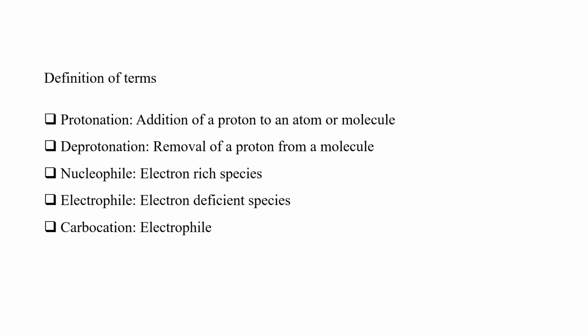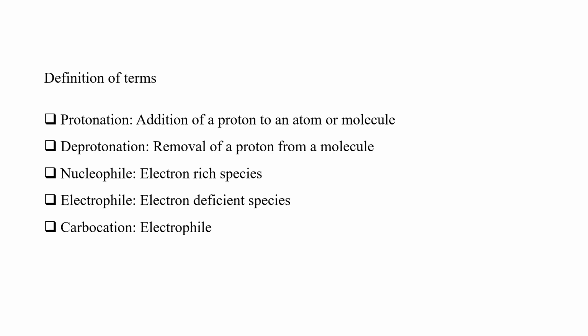And as for a nucleophile and an electrophile, a nucleophile is simply an electron-rich species. And as for an electrophile, that is an electron deficient or electron poor species. And as for carbocation, carbocation is simply an electrophile. That means carbocation is electron poor or electron deficient.